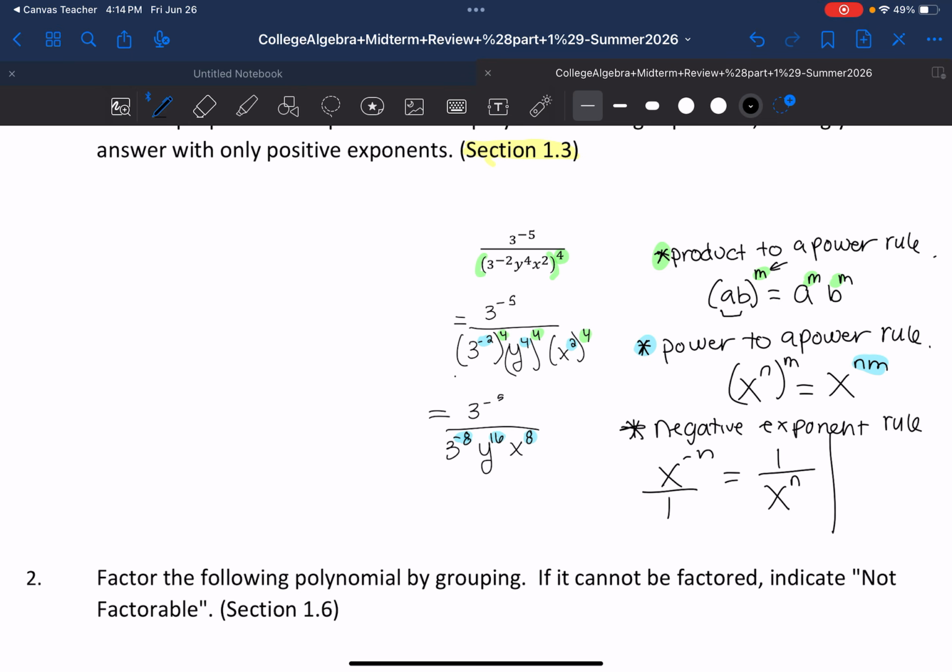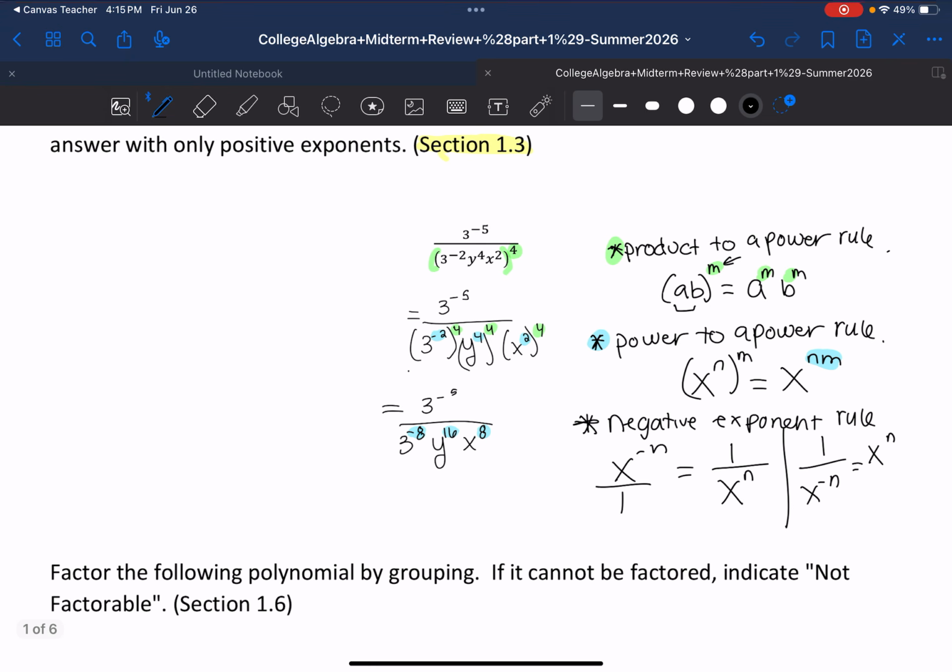And it also works if the negative exponent's on the bottom, I can move it to the top and multiply by what's up here, which is just 1. So that would just be x to the positive n power.